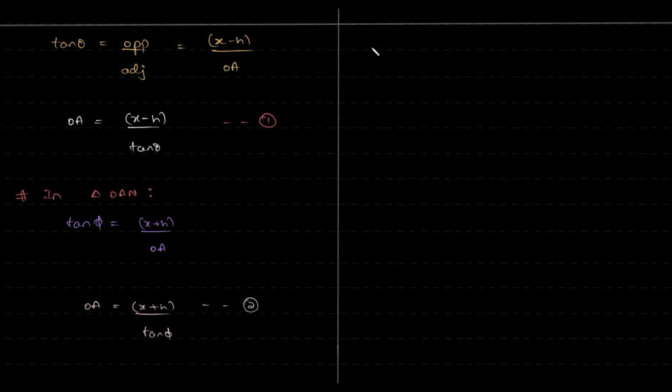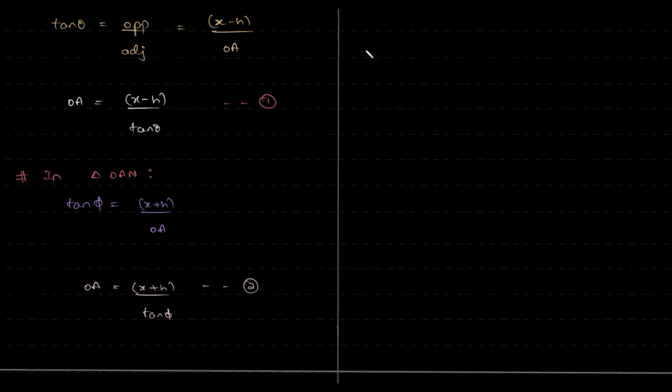And now for the simplification, from 1 and 2, what do we have? OA is equal to x minus h divided by tan theta is equal to x plus h by tan phi. So we'll cross multiply these two expressions.